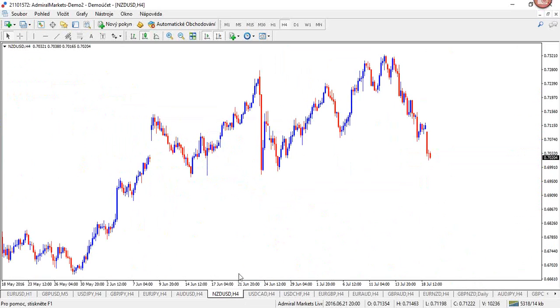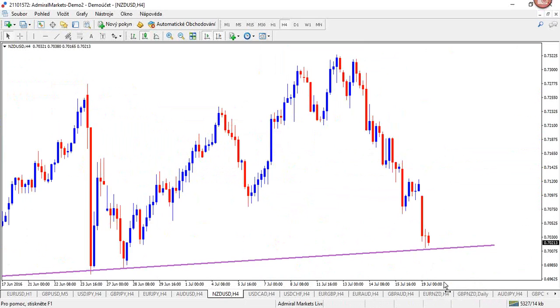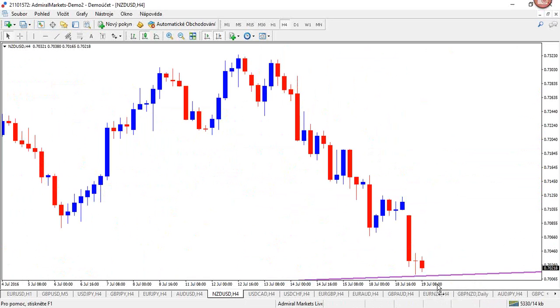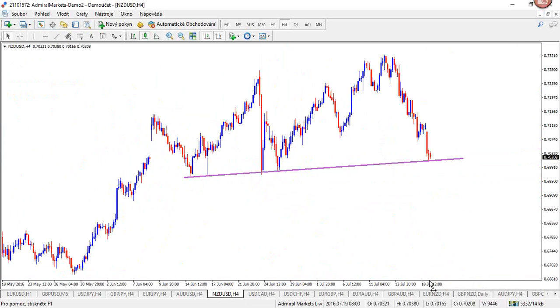All right, the Kiwi is at a potential bouncing spot, but there's a lot of bearish momentum. There's a doji. At this moment, the breakout to the downside seems more likely than a bounce, I would say. But we got a round psychological 70 level as well to deal with.